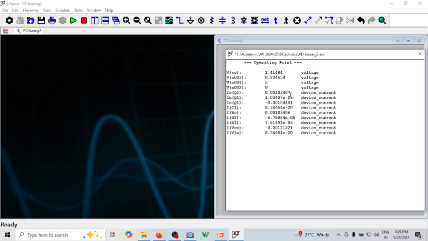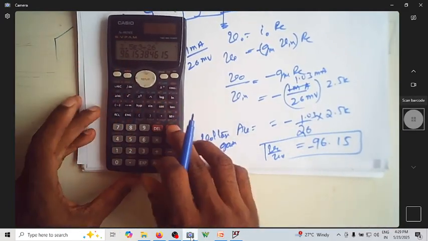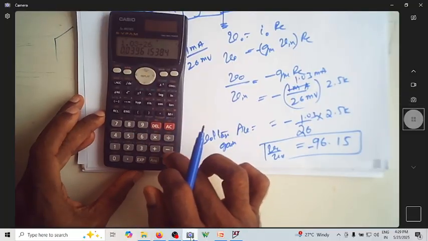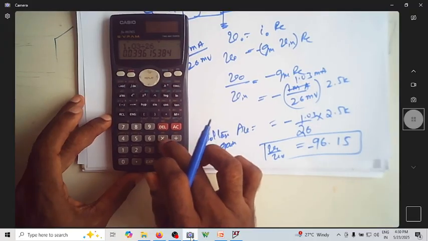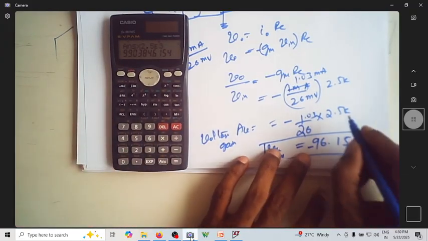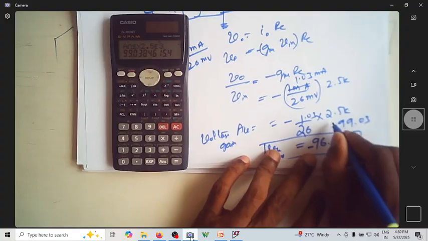Suppose I replace this by 1.03 milliampere, this is the small modification. The current is 1.03, so it is 1.03 divided by 26 into 2.5 times 10 to the power 3. Can you see it is 99.03, the gain?